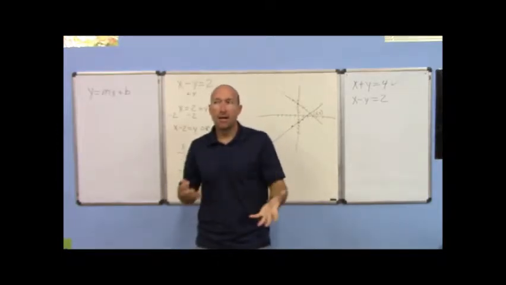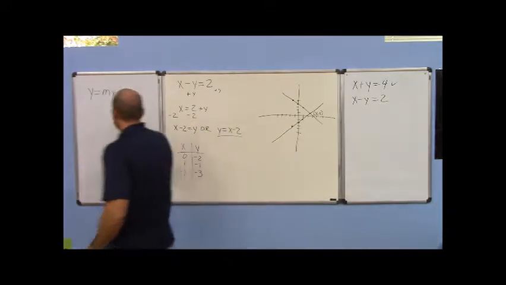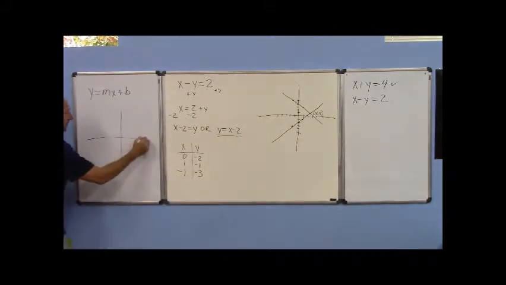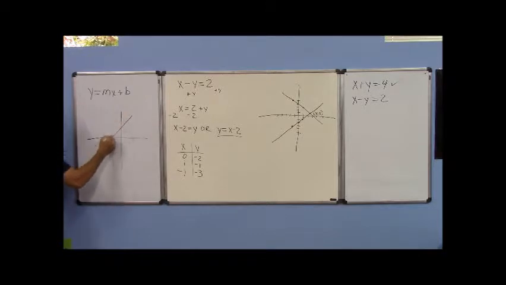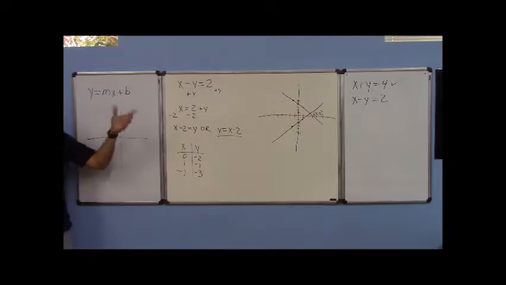Now, what if you end up graphing them, put a graph over here, and you drew a line here, and then you did your other equation, and you drew your line, and it ended up going exactly on top of that other line? So how many possible coordinate points would satisfy both of them? Yeah, it can be an infinite number.